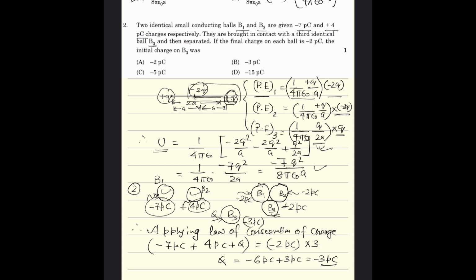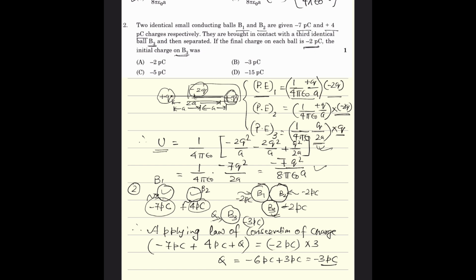Now, after separation, each of these balls, B1, B2, B3, has a charge of minus 2 picocoulomb. So we have to find out the initial charge in B3. What is the principle? We will apply the principle of conservation of charge.